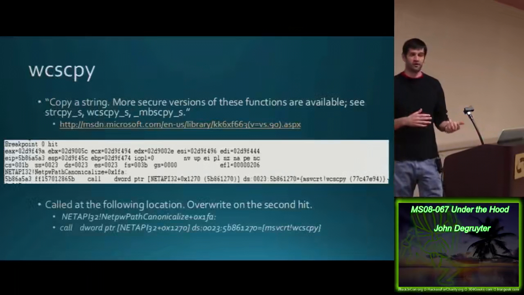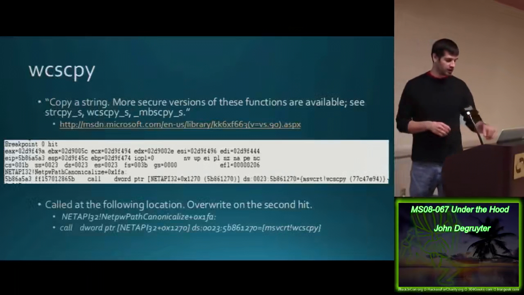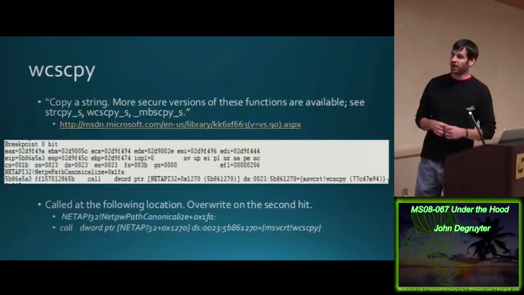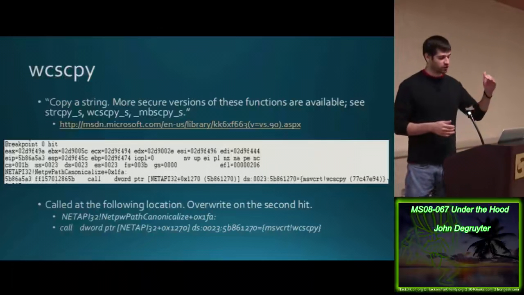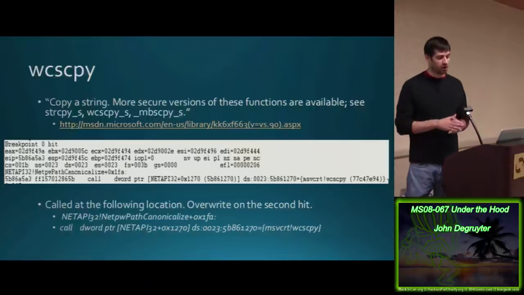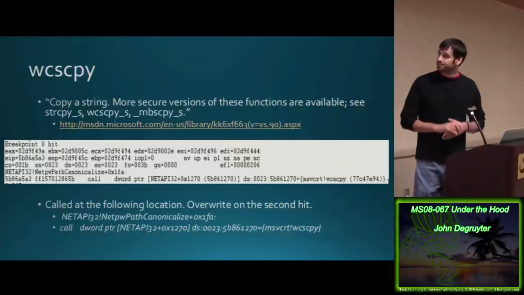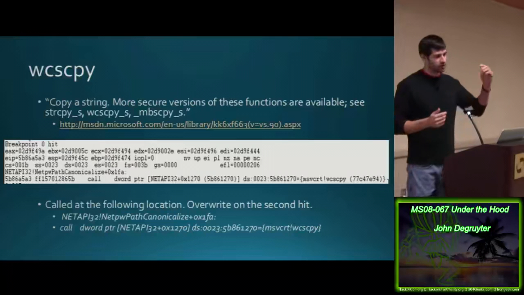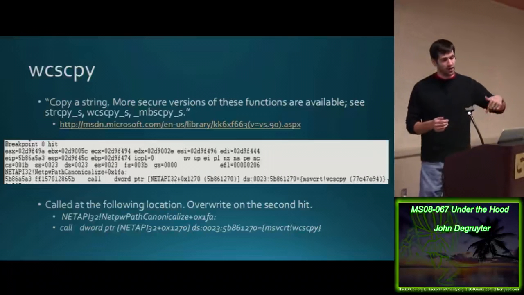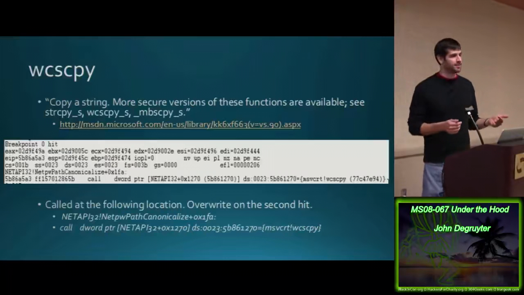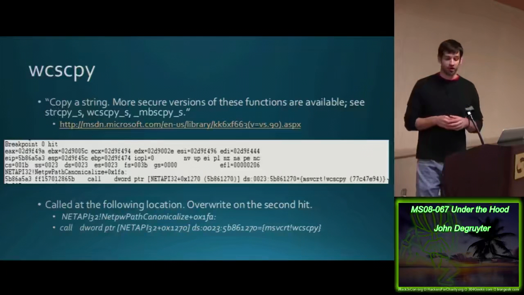It calls another function, and it calls it at offset hex 1FA. And what that means is from the base of that function, you go down 1FA and you see another call. In this call, it's going to cycle through once, and it's going to work okay, but when it comes back and hits it the second time, that's when the memory corruption occurs.